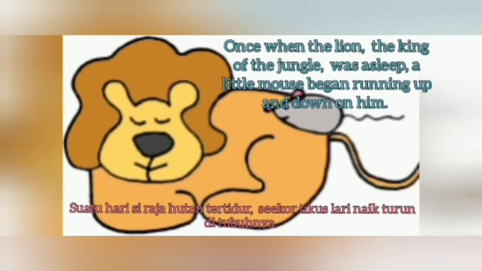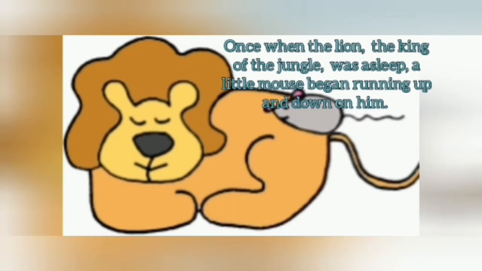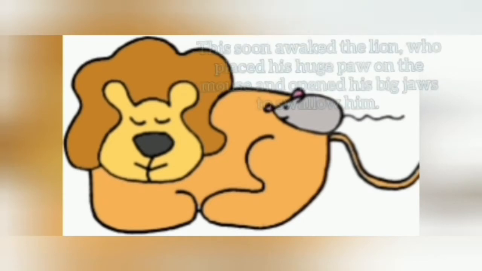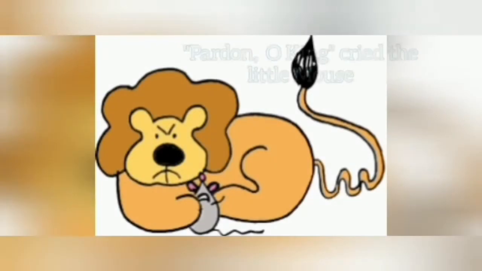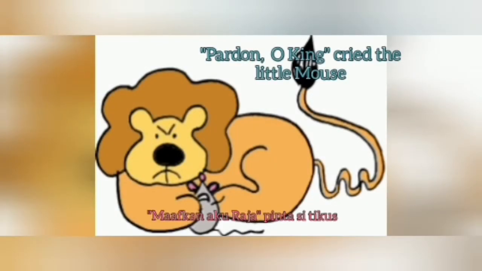Once when the lion, the king of the jungle, was asleep, a little mouse began running up and down on him. This soon awaked the lion, who placed his huge paw on the mouse and opened his big jaws to swallow him. "Pardon, O king," cried the little mouse.